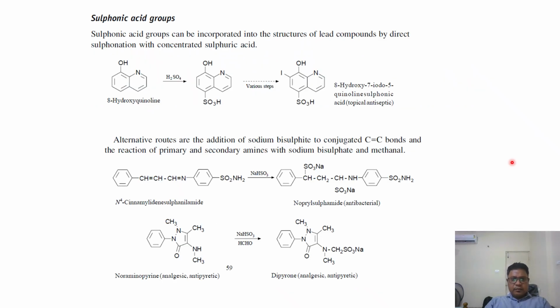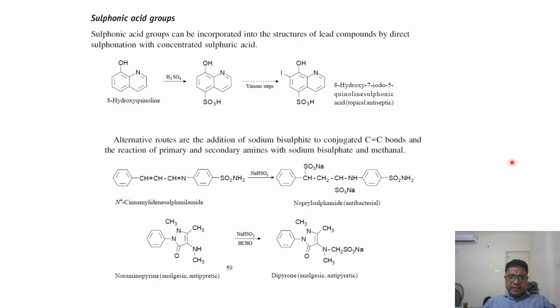The third one is another functional group we can incorporate in the parent compound to increase its water solubility. That is the sulfonic acid group, SO3H group. The easiest way is to react the parent molecule with sulfuric acid. Sulfonic acid group can be incorporated into the structure of lead compounds by direct sulfonation with concentrated sulfuric acid.